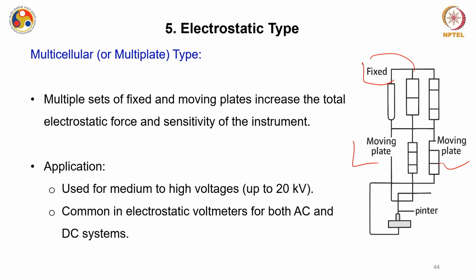So I hope that the classification of analog meters based on their construction is clear to you. We have discussed mostly PMMC, moving iron, and the electrodynamometers. In the PMMC, we have seen that we have a permanent magnet which looks like, say, a U shape, and you have a coil which is wound on an aluminum frame, and you have a core.